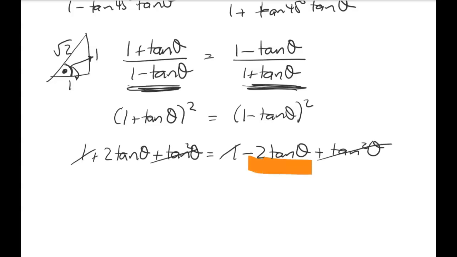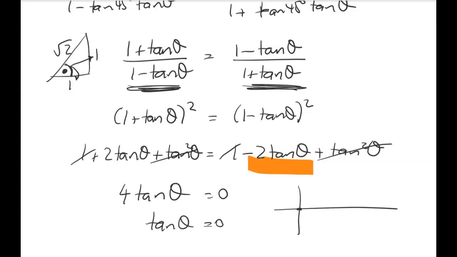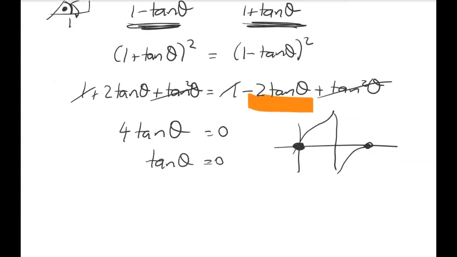If I now add this to both sides, I get 4 tan theta is equal to 0, giving me tan theta equals 0. And again, if we sketch our graph, very bad sketch, but there you go. I know that we want theta values between 0 and 180, so theta is going to equal 0 degrees, or it's going to equal 180 degrees.